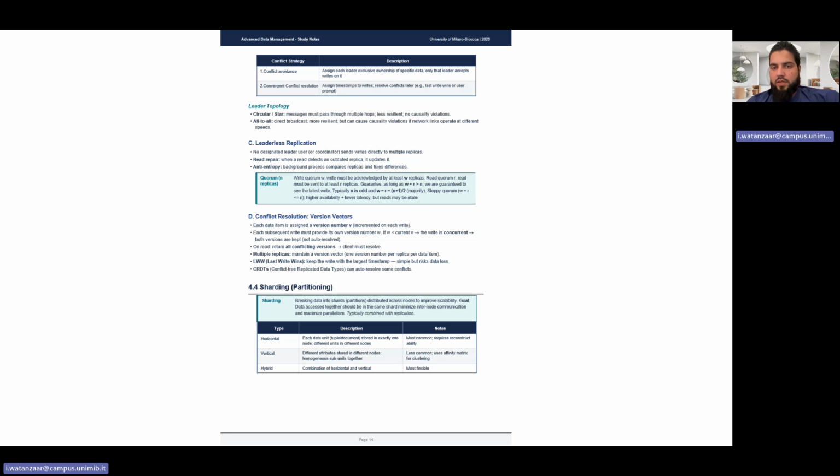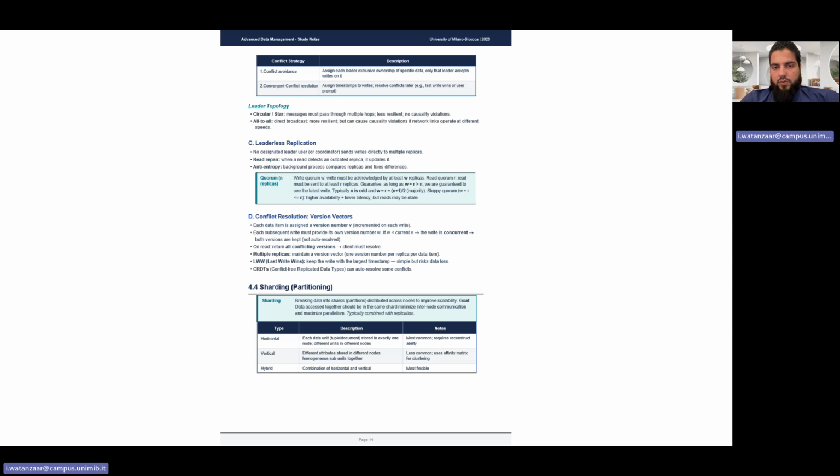Each subsequent write must provide its own version number W. If W is less than the current version V, the write is concurrent, and both versions are kept. Here it's not auto-resolved; they keep both of them. The current version is greater than the write's, so we detect from this that the write is concurrent. On a read, it returns all conflicting versions. I mean, they show the current version and the conflicting versions, both of them. So clients will see both of them. So which one is the most up to date?